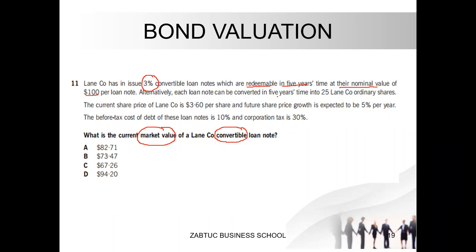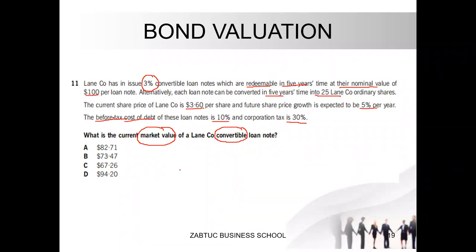Alternatively, each loan can be converted in 5 years' time into 25 Land ordinary shares. The current share price is 3.6, and the future share price growth is expected to be 5%. The before tax cost of debt is 10%, and the corporation tax is 30%. So with this question, remind us of how we're going to value this particular bond.